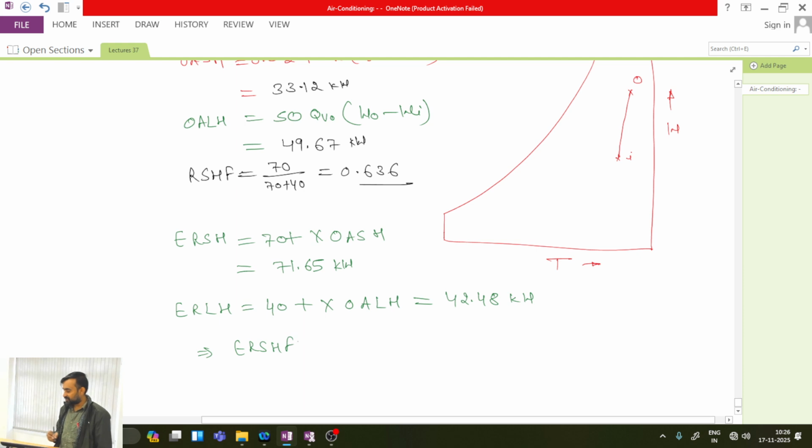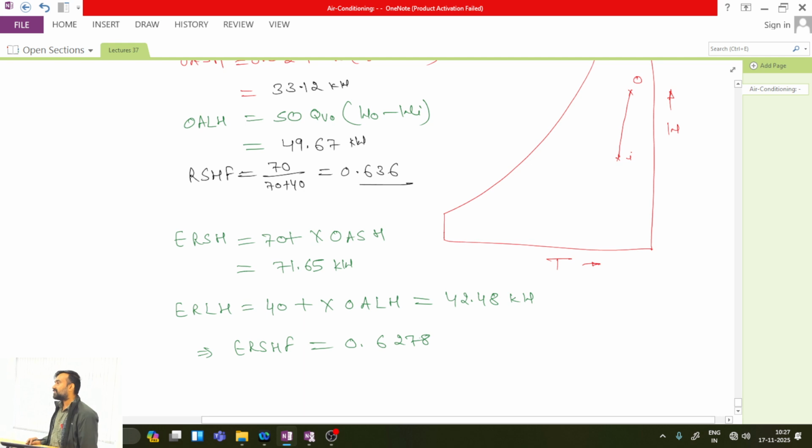What will be ERSHF? Effective room sensible heat factor. Zero point 0.6278.